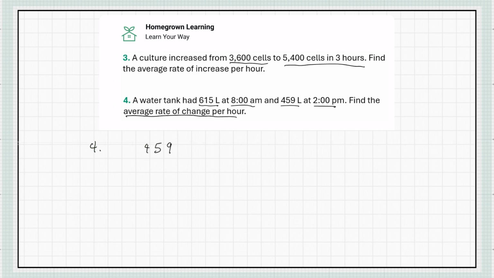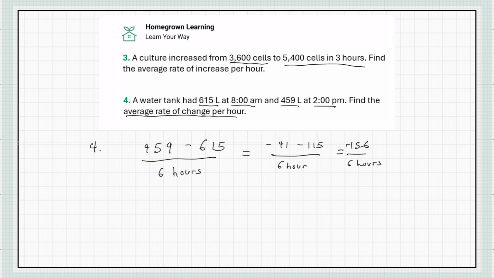Because it's going to be negative, we put the smaller number at the front, and then all we have to do is calculate the time difference. From 8 AM to 2 PM, that'll be 6 hours. Do that quick calculation. This is minus 41 to get to there, and minus 115, so that will be equal to negative 156. If you want to know why I'm doing that, I'm just finding easier numbers to work out the basic arithmetic first.